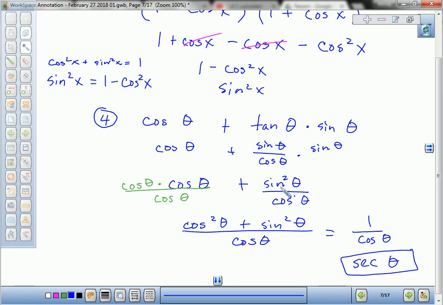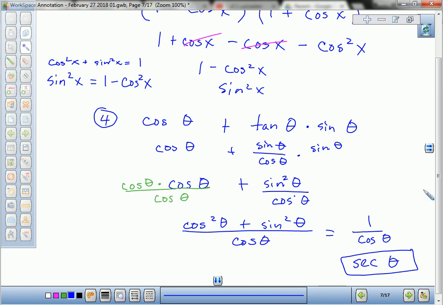That's why I multiplied by cosine of theta over cosine of theta. So the value is like multiplying by 1, because anything divided by itself is 1. All right? So that created a cosine squared in the numerator over cosine in the denominator so that I could combine those two. Now, is that the only way to do that problem?